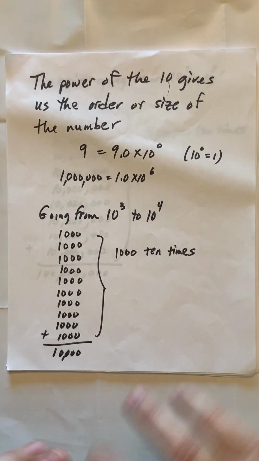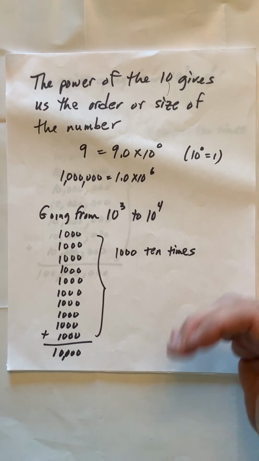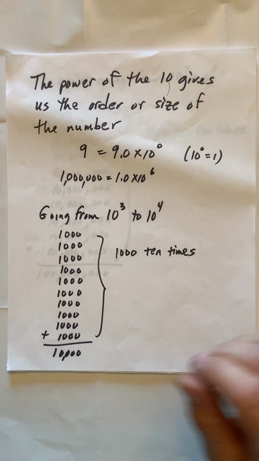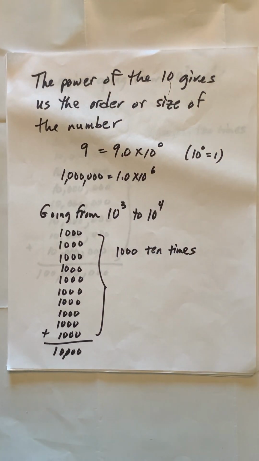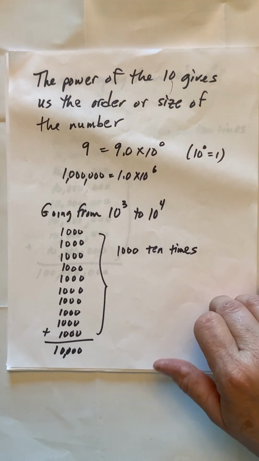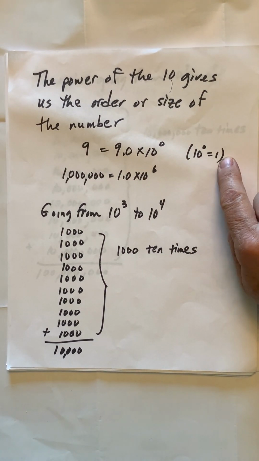All right, and just again to talk a little bit about the size of a number. The power of 10 gives us the order or size of the number. So when we were looking at winning $9 or winning $1 million in the lotto, 9 is expressed in scientific notation as 9.0 times 10 to the 0. Anything to the 0 power is 1.